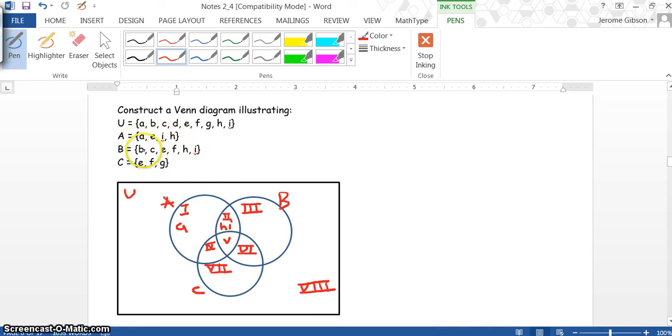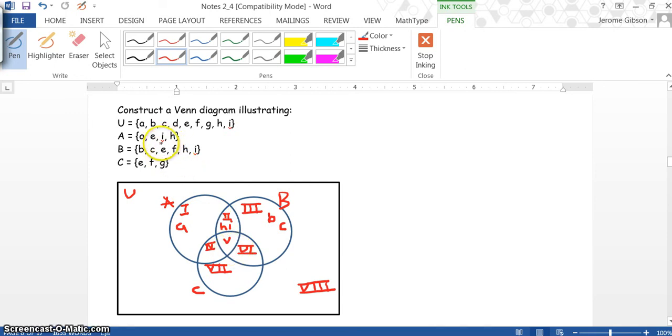Now we look here. We have B. B only goes in B. Now we have C. C only goes in B. Now we have E. We already listed E even though it disappeared.